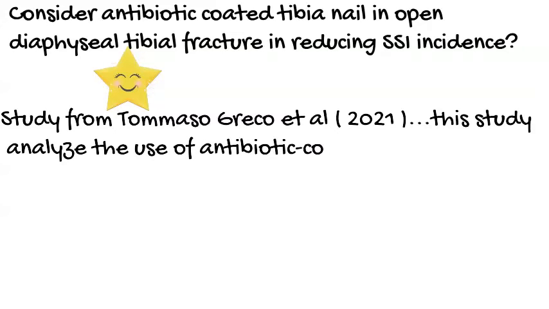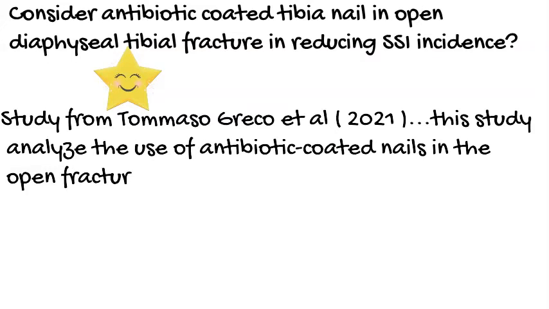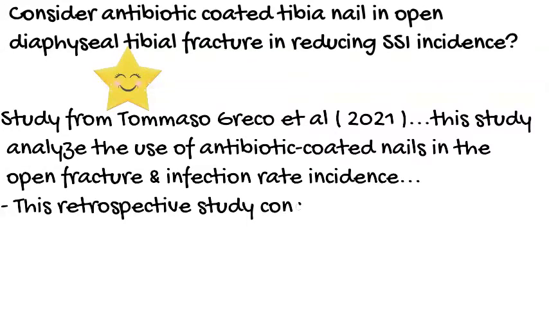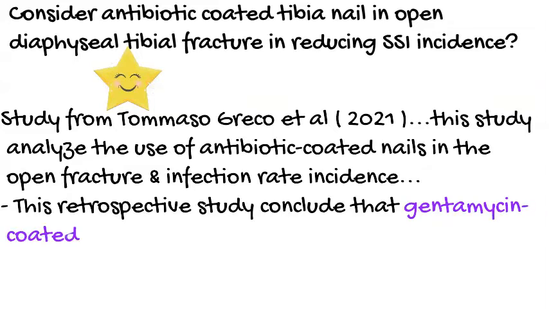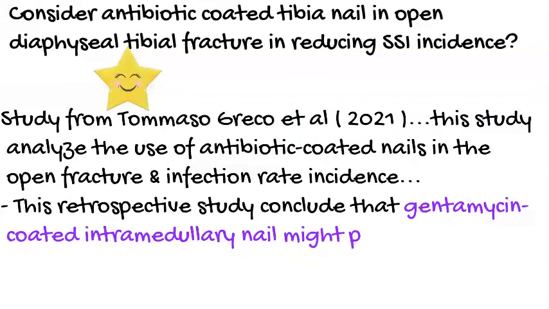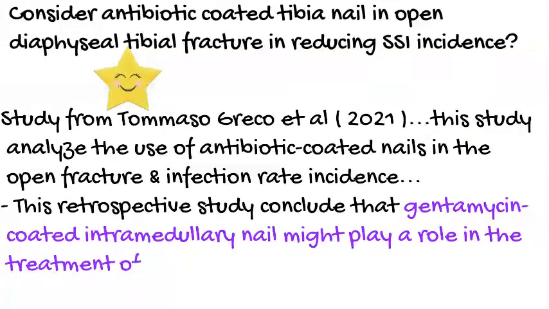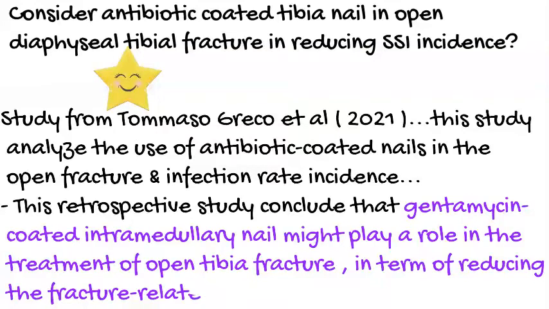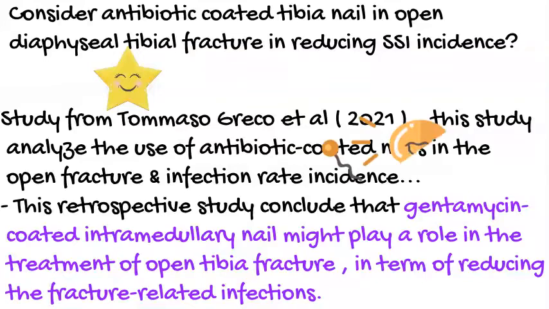In this study, they analyzed the use of antibiotic-coated nails in open fractures and infection rate incidence. This retrospective study concluded that a gentamicin-coated intramedullary nail might play a role in the treatment of open tibia fracture in terms of reducing fracture-related infection. But this study has a limitation.